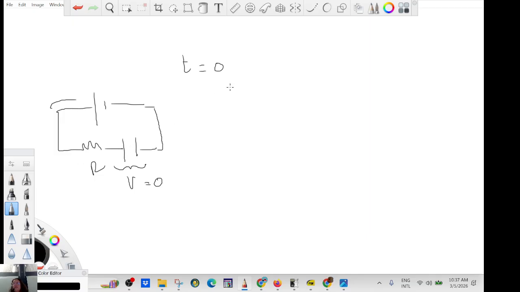So at t equals 0, you can replace your capacitor just by a wire. It's like it's not there, and the current will be maximum. So it starts to charge the plus and the minus, and the current is going to be maximum, because the capacitor didn't stop the current yet. So at t equals 0, you can replace the capacitor by a wire.